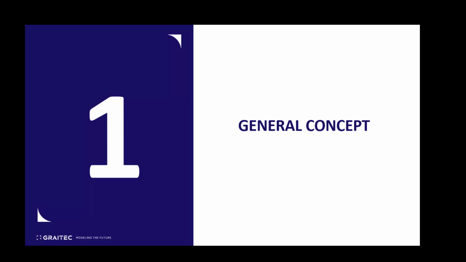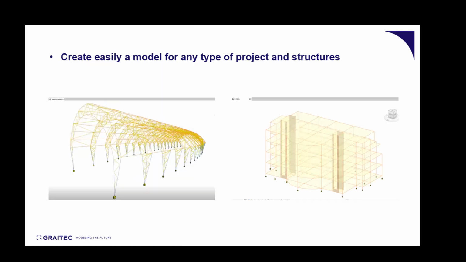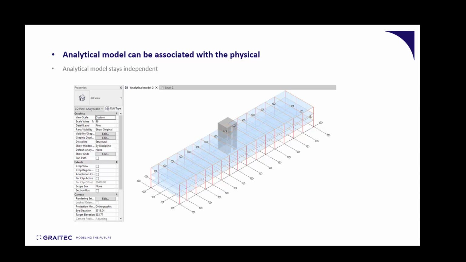From now on, the analytical model is dissociated from the physical model, which offers us the possibility to realize more easily complex structures such as aircraft hangar, bridge, electrical tower, slanted wall, curved wall, office building. Imagination becomes our limitation. As in the past, we can associate a physical model with an analytical one.